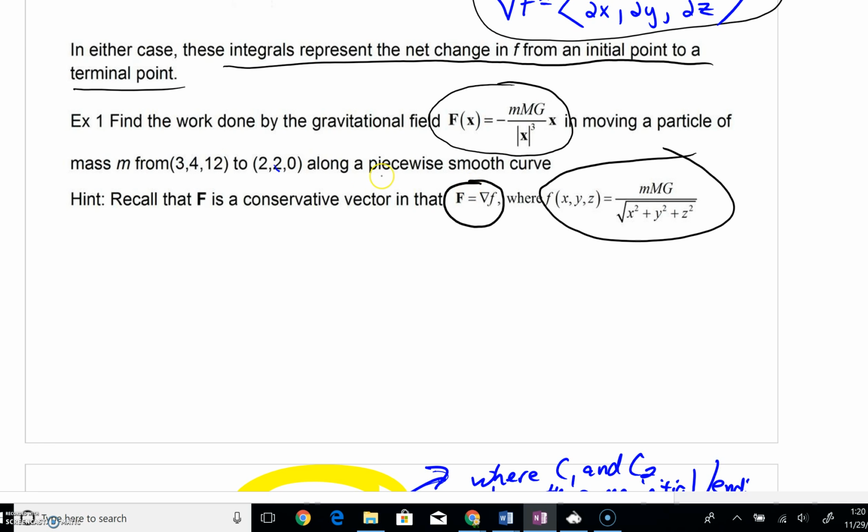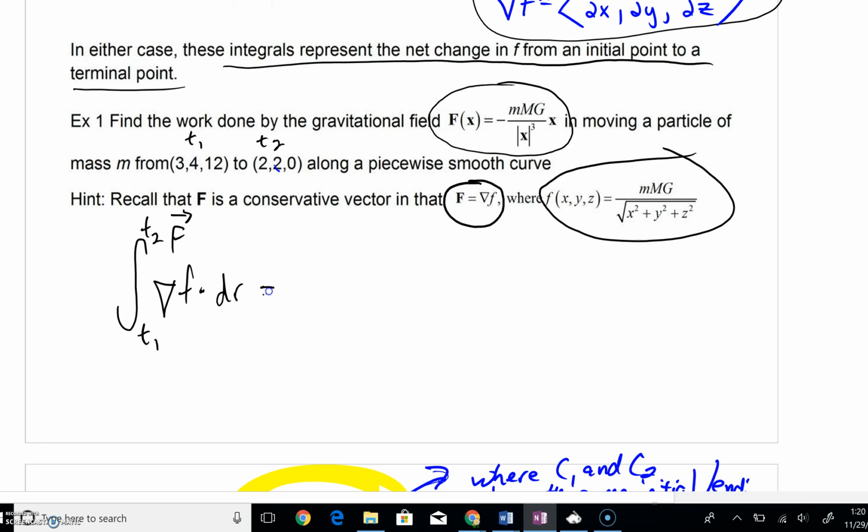could we evaluate the work done? In essence, what's happening is you've got this gradient function, which is really capital F, dot dr, and we're going from a T1 to a T2, and you might not even know what those T's are.